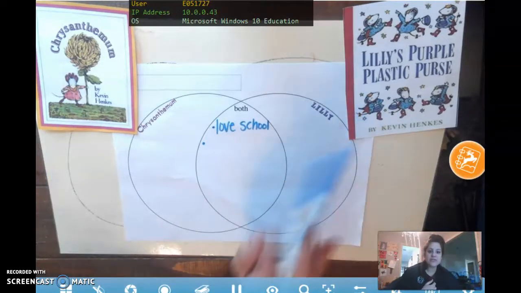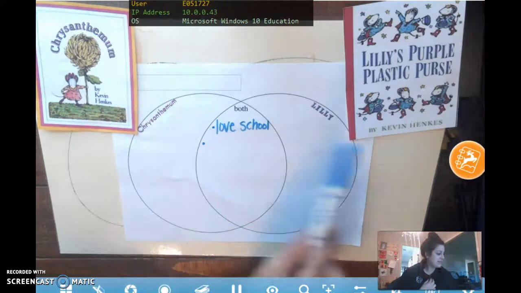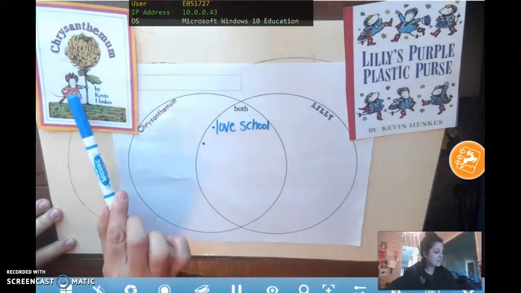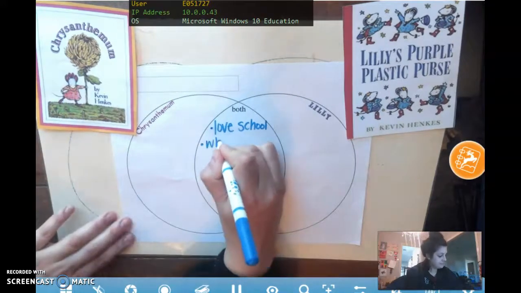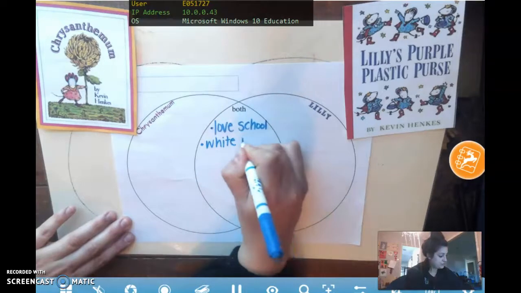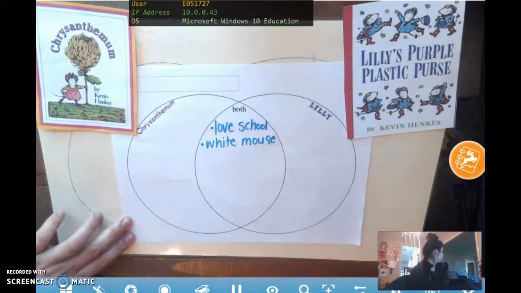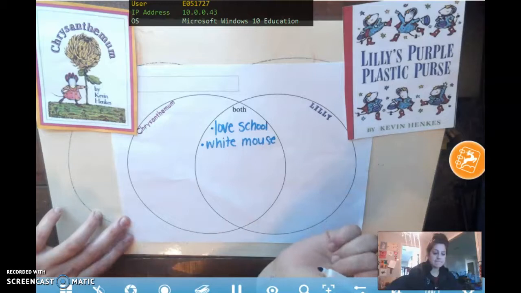Also, when we look at them, they have something in common. Remember, Kevin Henkes likes to use mice as his characters, and they are both white mice.